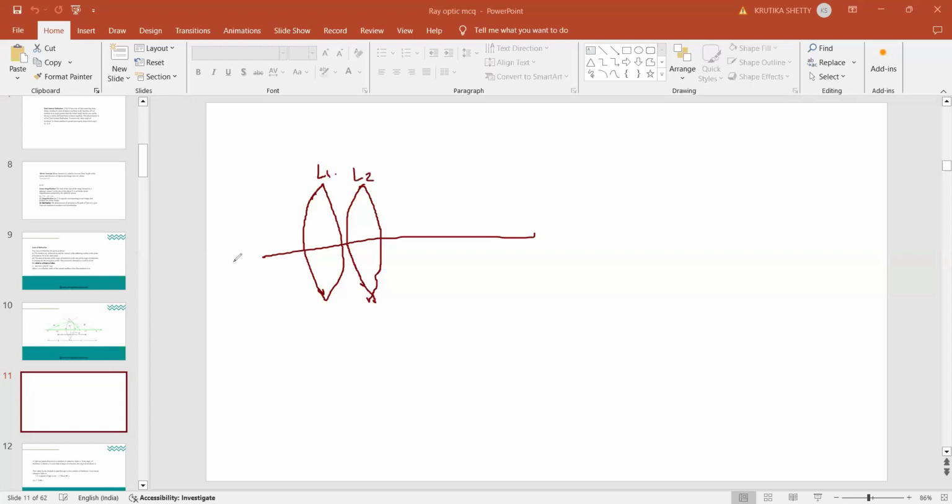Here on the principal axis, we are keeping the object O. This is the incident ray and the refracted ray.